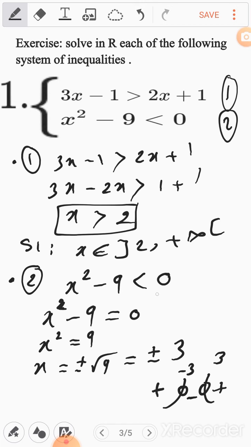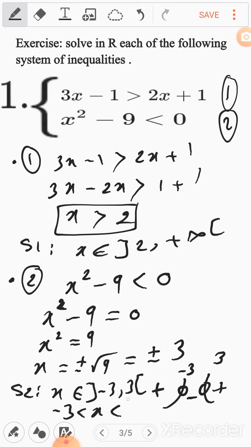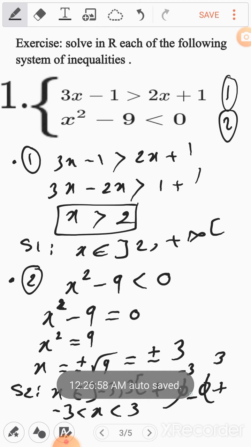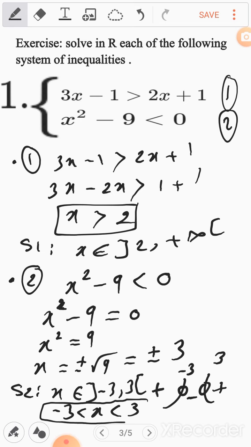X squared minus 9 is less than 0, so the solution S2 is x belongs to the open interval minus 3, 3, or x between minus 3 and 3, they are the same. This is the solution of the second inequality.